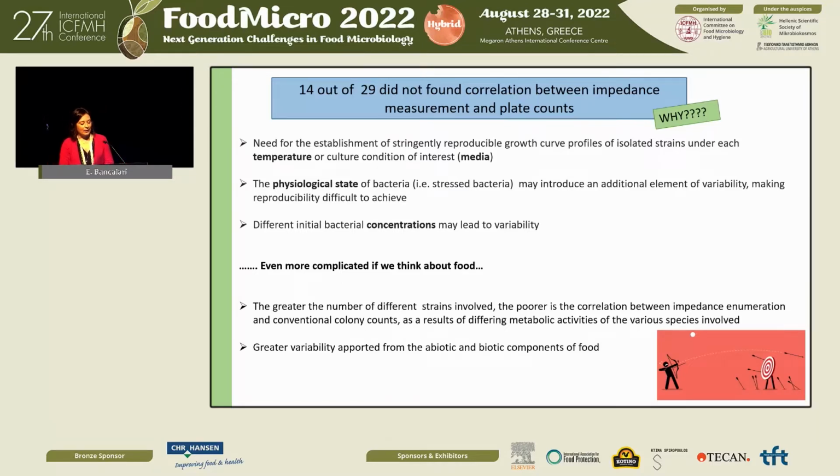And this makes the relation between the two very difficult to achieve. And this scenario is getting even more complicated if we think about an application in foods, where a greater variability is brought by the abiotic and biotic components of the food itself.